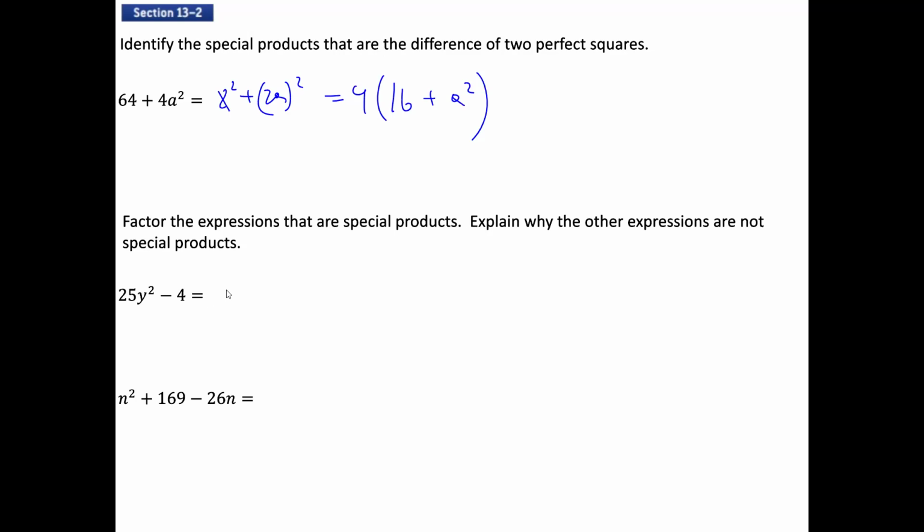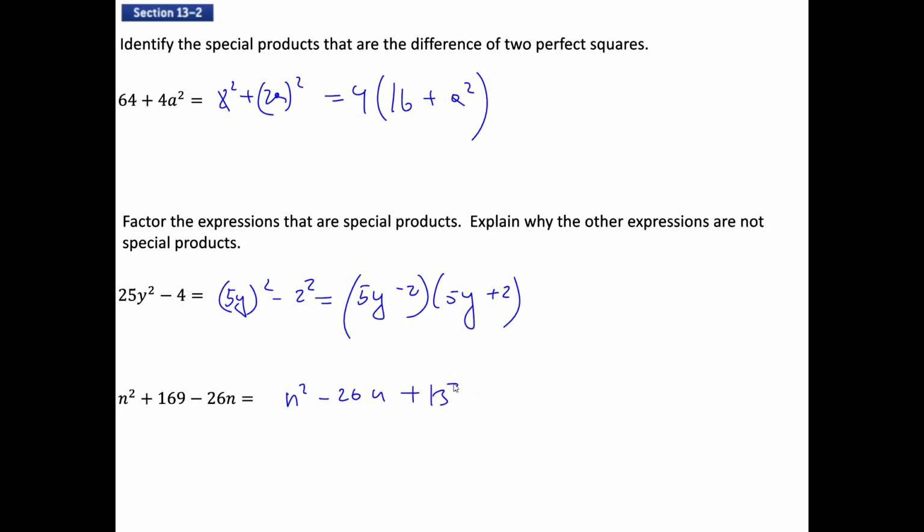Now this one, 5y squared minus 2 squared. This one works: 5y minus 2, 5y plus 2. Right? This one, let's first of all change the order. 169 is 13 squared, right? 13.